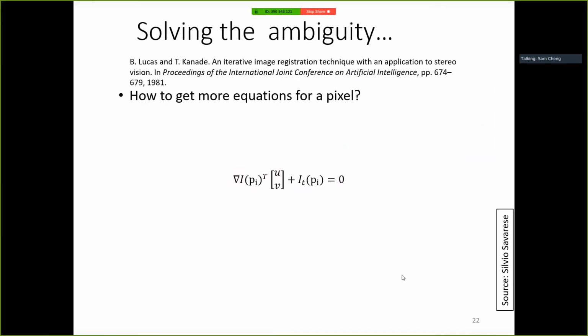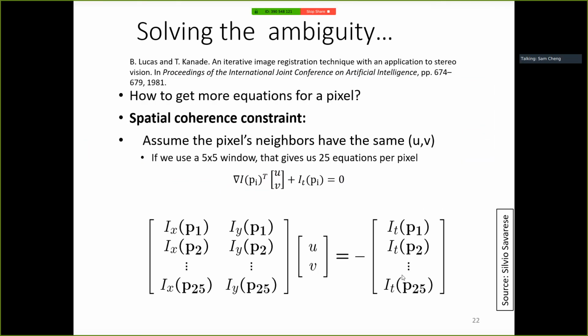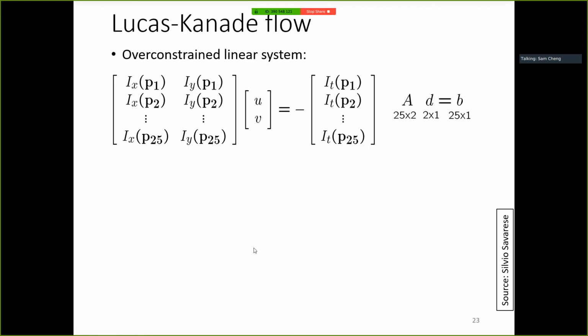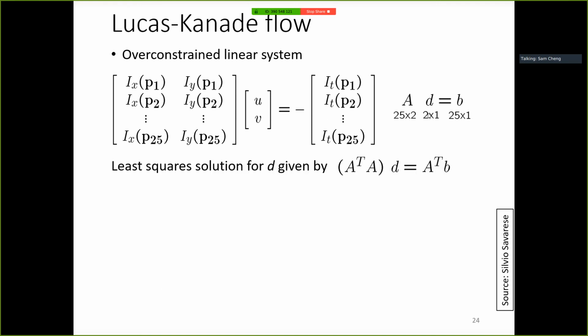So that's exactly what Lucas-Kanade did. If you use an even larger window size, like 5 by 5, then you have 25 equations there. Then you just solve this set of linear equations, and you solve for the d for each of the pixels.